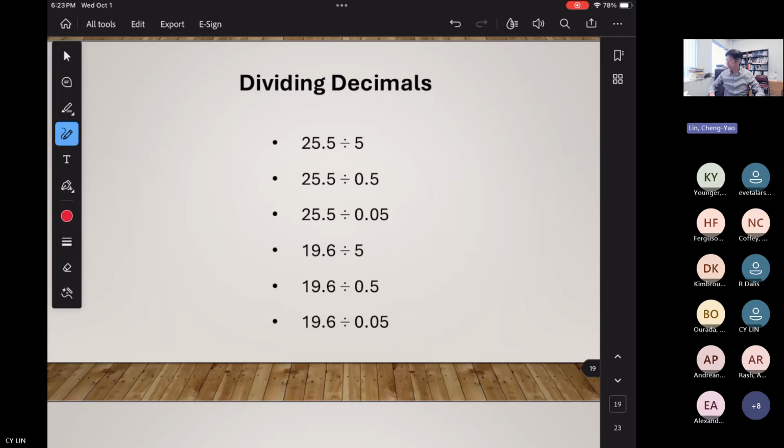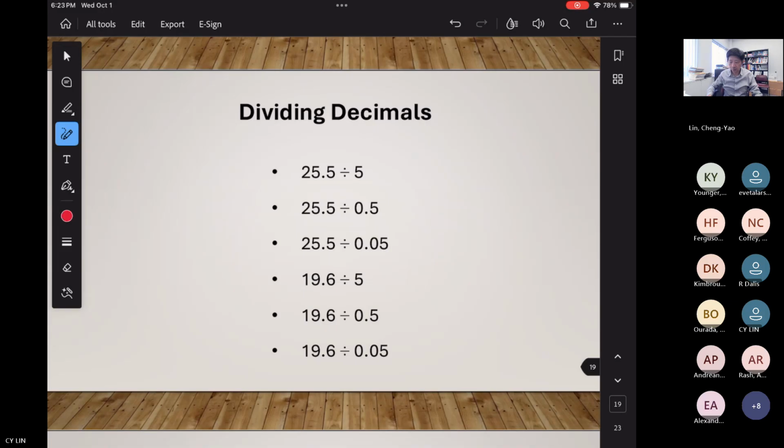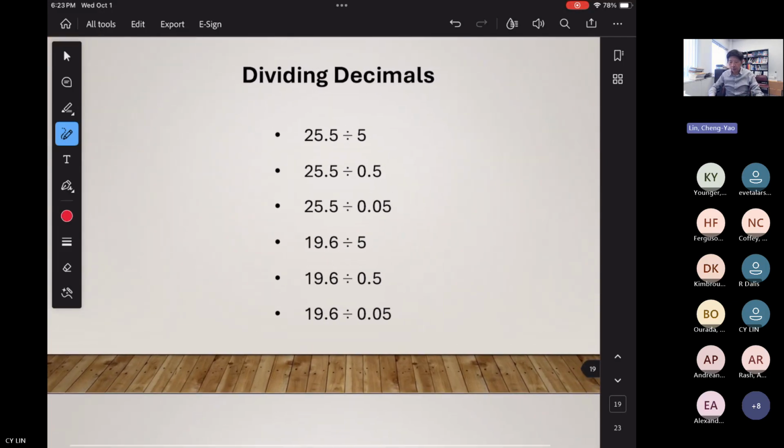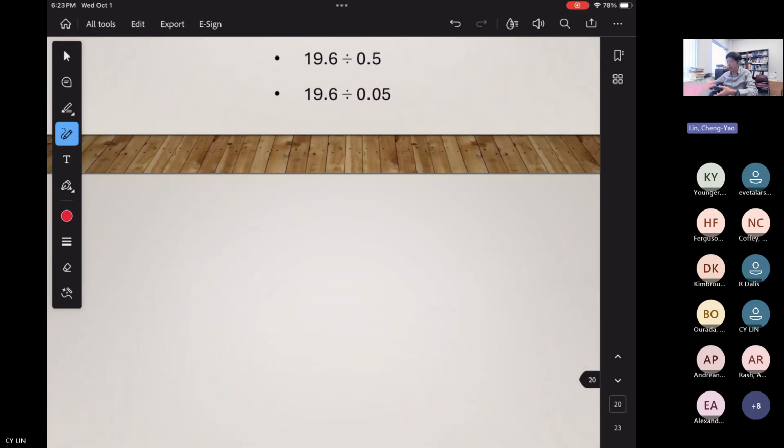All right. Let's move on to the next topic. Dividing decimals. Let's say we want to do 25.5 divided by 5. I would do 25 divided by 5 like this.